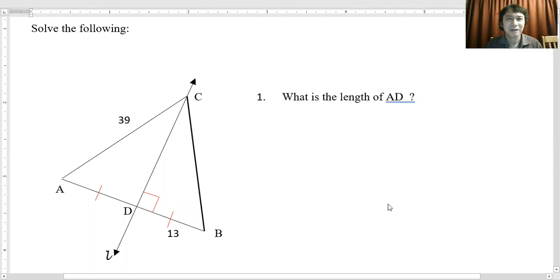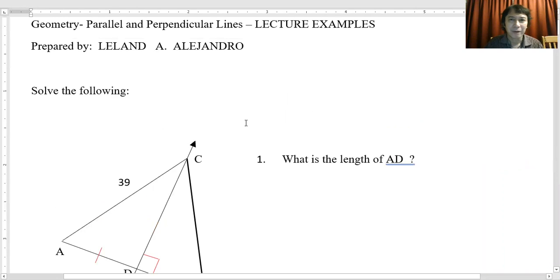Okay, here's the problem set under parallel and perpendicular lines lecture examples. So let us see the title first. Parallel and perpendicular lines lecture examples.